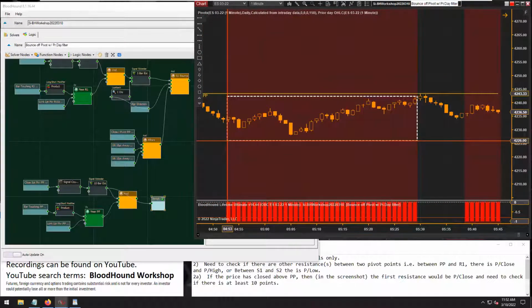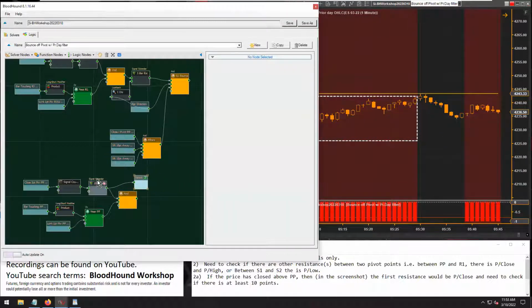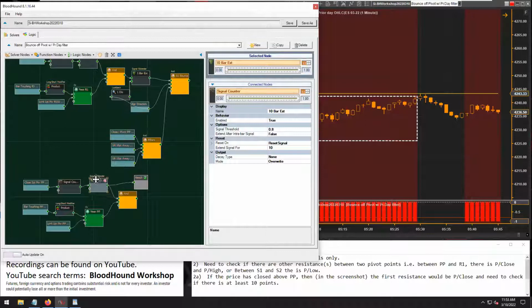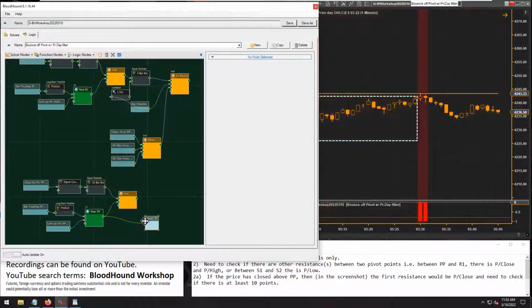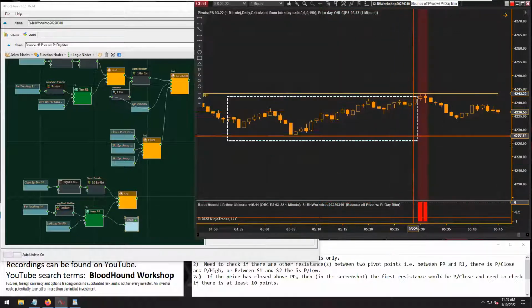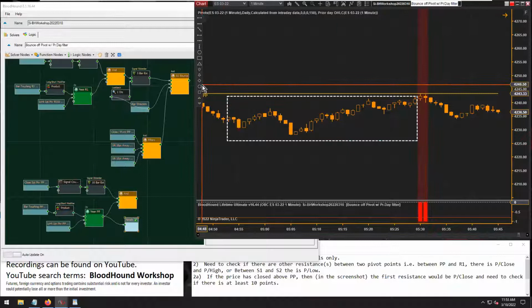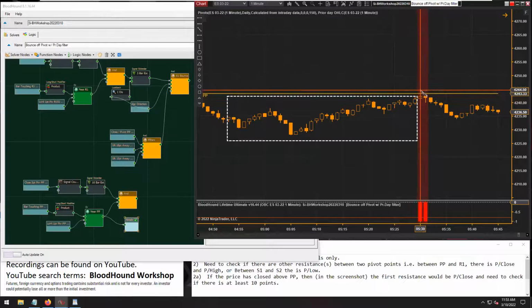Yeah, so there's our separation detection. I'm looking at the signal extender here. And now let's look at the other logic. And yeah, so, right, they didn't quite line up.